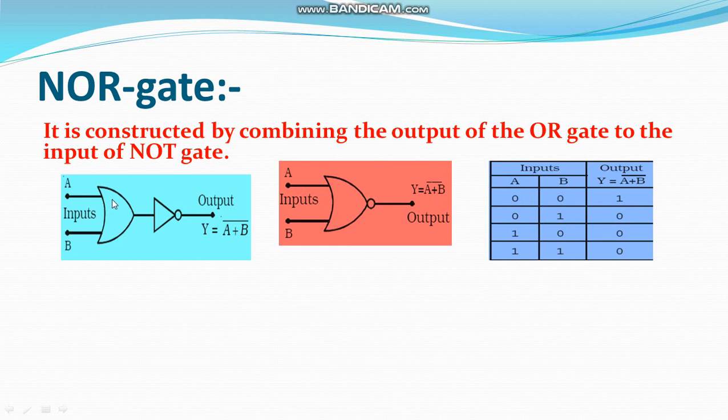So you know the OR gate already. What is that OR gate? When both inputs are 0, then only the output is 0, otherwise it is 1, right? So here, when both inputs are 0, you will get 1, otherwise 0.